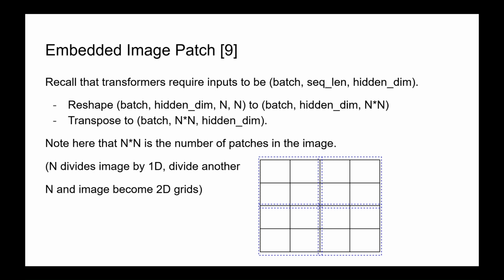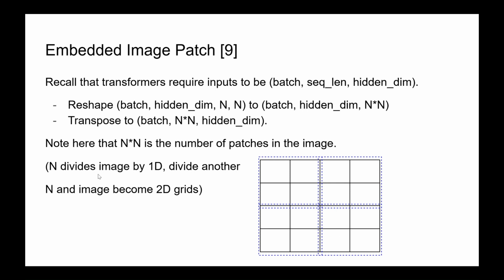And then we can see that n squared here is actually the number of patches in the image. Remember that the image is image size by image size. If you divide one dimension of image size into n, you will essentially only get one portion here, and then one portion here. But if you divide it again by another n, you will have a 2D grid.